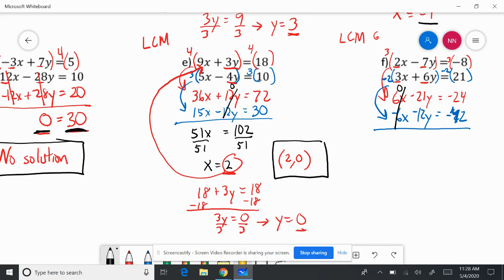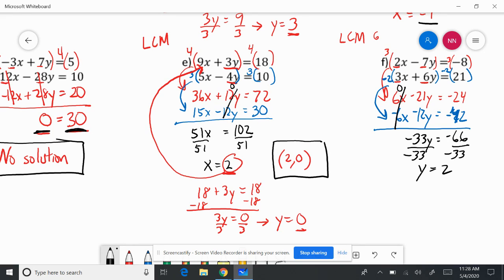Opposites add up to 0. This gives me negative 33y equals negative 66. When I divide by negative 33, y is equal to 2.